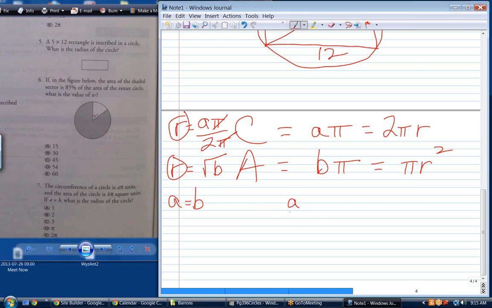So now we're going to set A over 2 equal to the square root of B. And we know that A is equal to B, so I can substitute A for B right there. And now if I square both sides, I get A squared over 4 equals A.